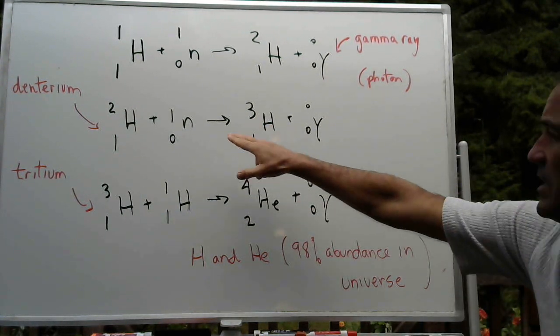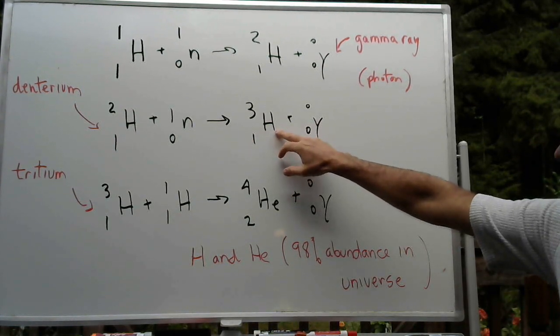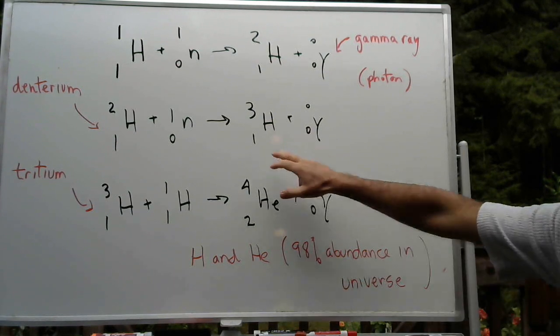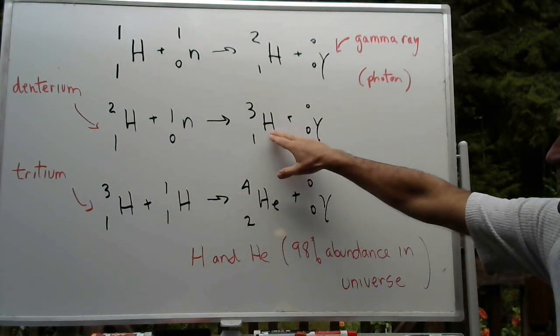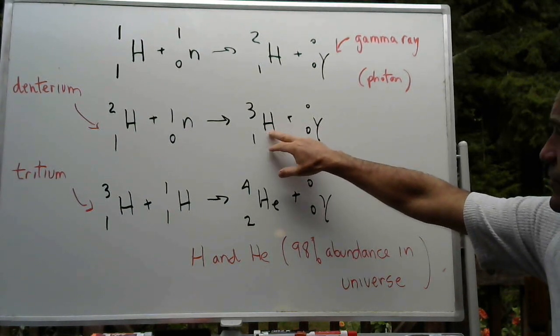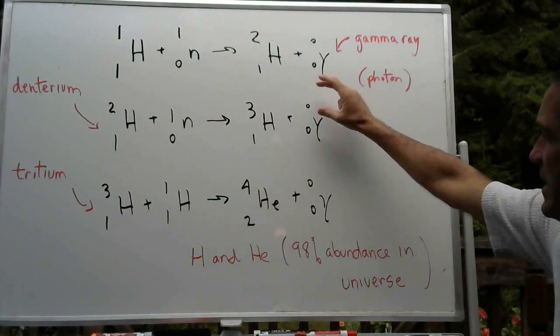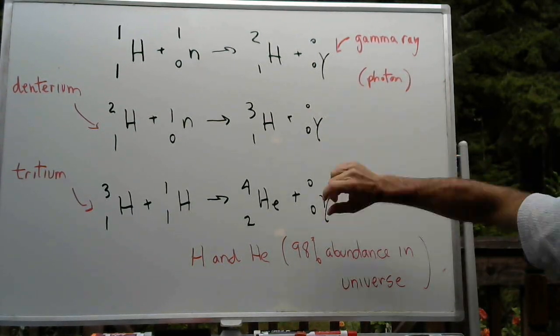The deuterium can continue to fuse with a neutron to create tritium, which is another isotope of hydrogen. We use the word isotope, sometimes we use the word nuclide. So this is also considered a nuclide. Each of these steps is releasing energy in the form of light.